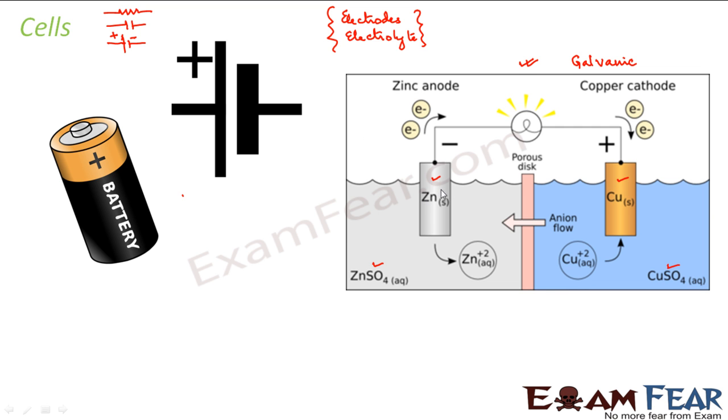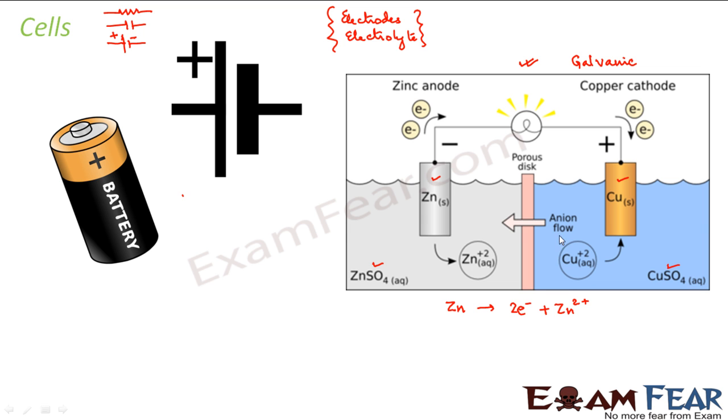If you look at the electronic configuration of zinc, you will see that zinc has two electrons in its outermost shell. So zinc always wants to get rid of those two electrons and become zinc ion, right?